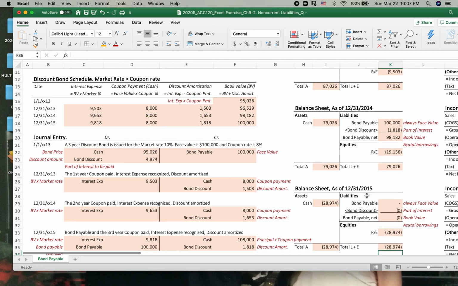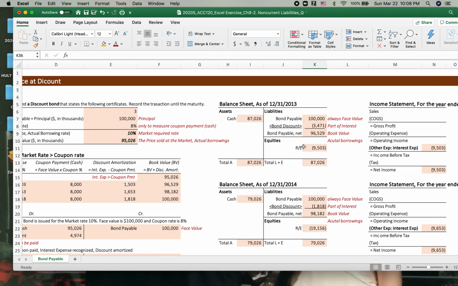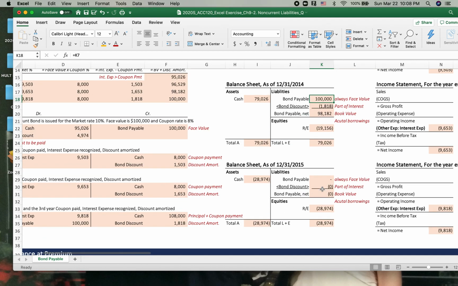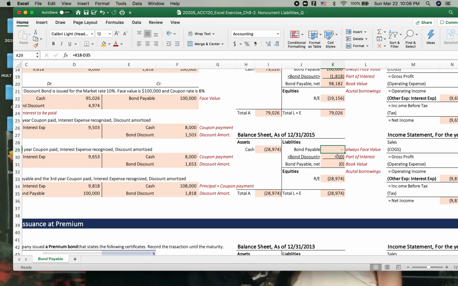Okay, then we finished this exercise. Let's take a look at the changes in the bond payable net and the bond discount. The bond payable doesn't change every year, but the bond discount amount has been reduced, and in the last year of the maturity became 0.